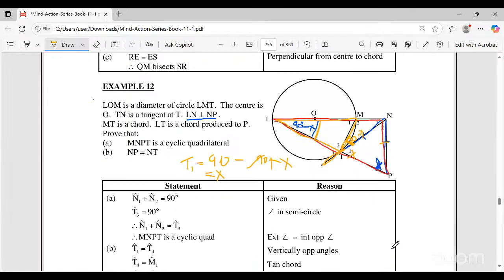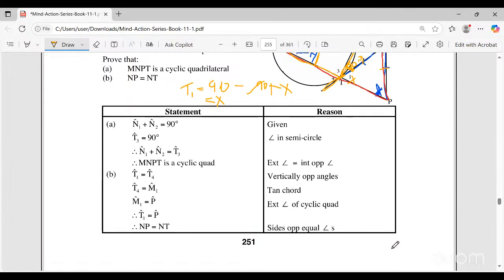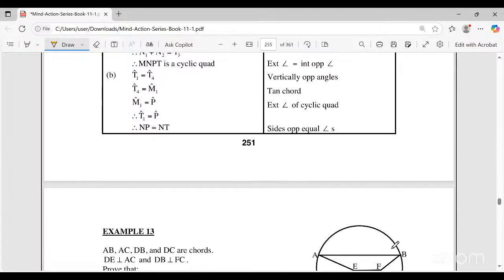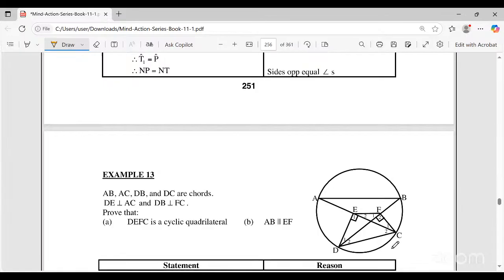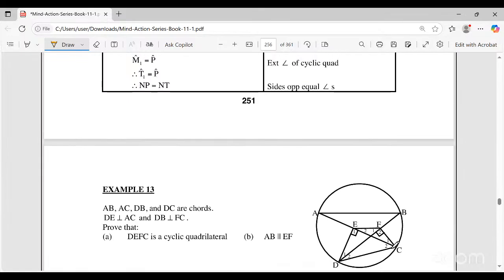Then let me quickly move to this question. It might take us a lot of time, but let's give it a try, guys. We are given that AB, AC, DB, and DC are chords.